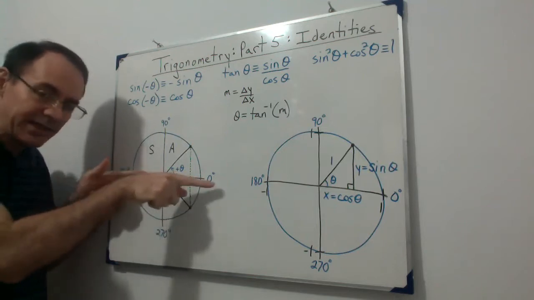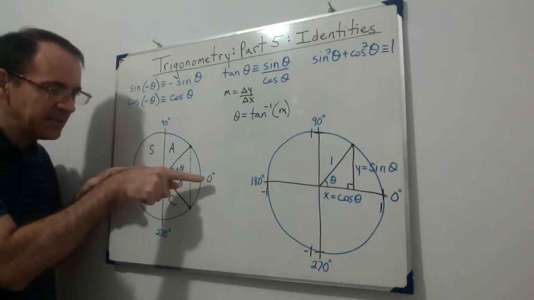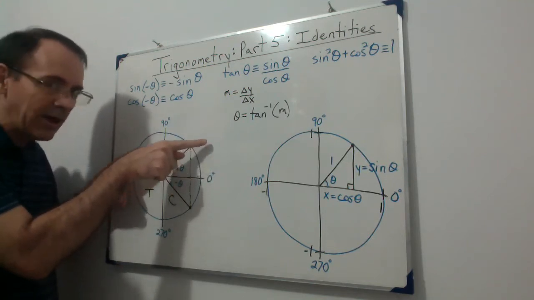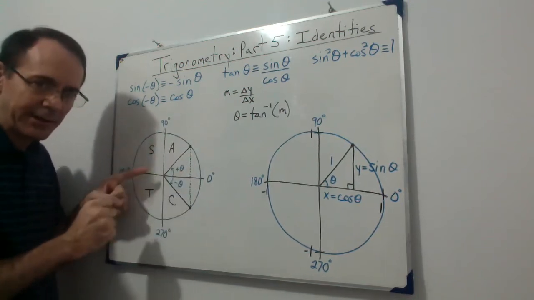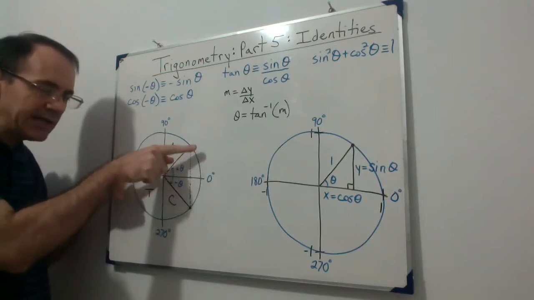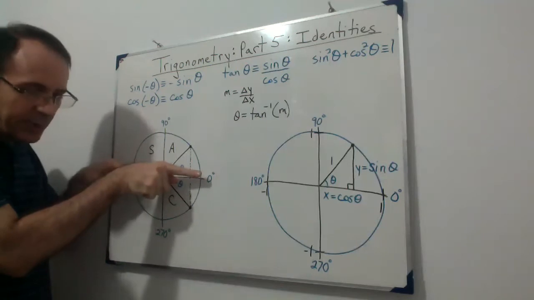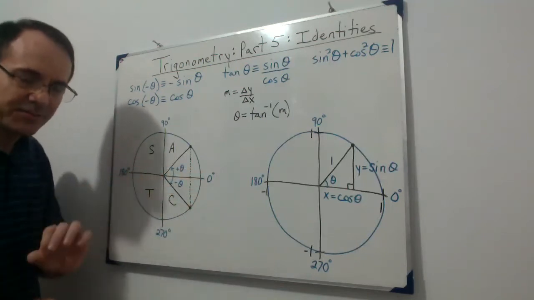That's our orientation, facing the 0 degree, the positive x-axis. And when we rotate counterclockwise, that is the positive theta direction. And if we rotate clockwise, that's rotating in the negative direction.